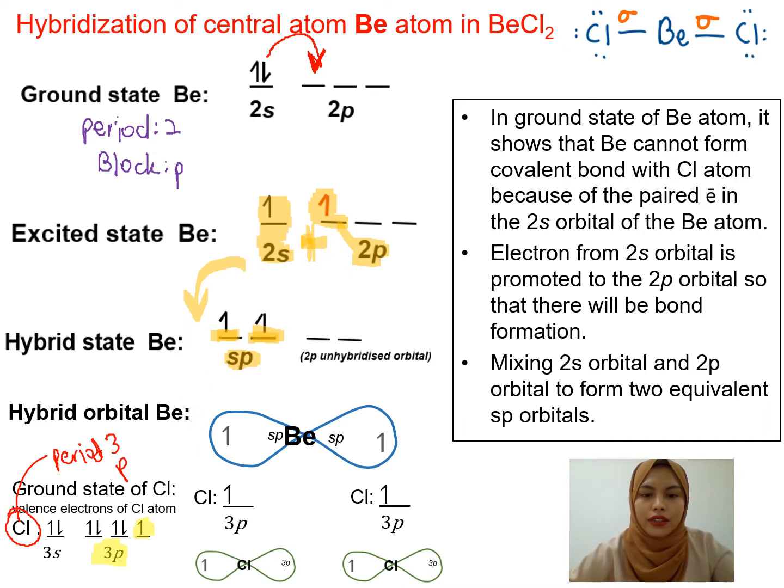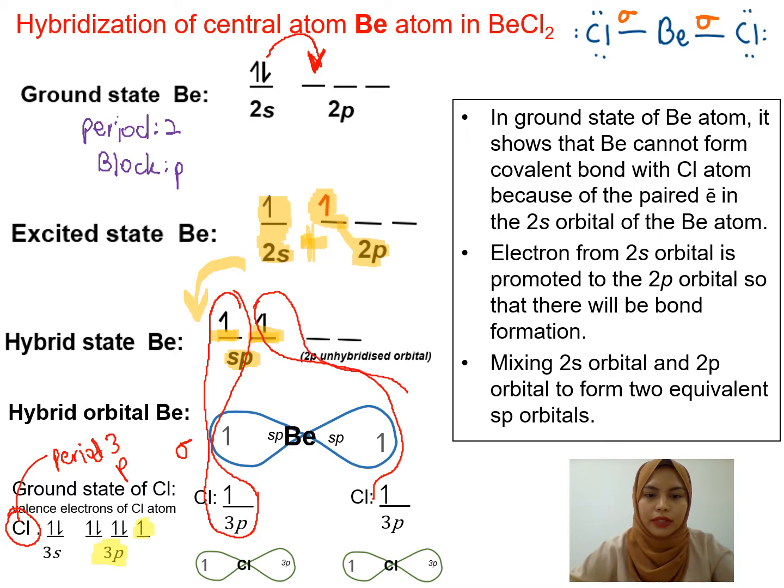Okay, so what happened here is the single electron of the sp hybrid orbital of beryllium will pair with the single electron in the valence electrons of chlorine in 3p. Okay, so that's why you get 1 sigma bond. This other one will form a bond with the single electron in the valence electron of chlorine in 3p. So you will have 2 sigma bonds there.